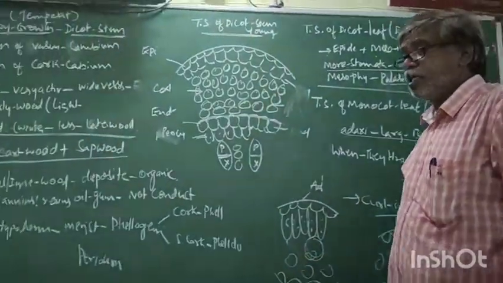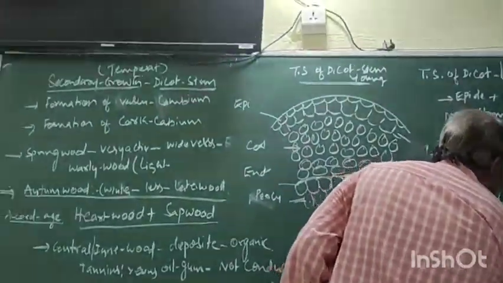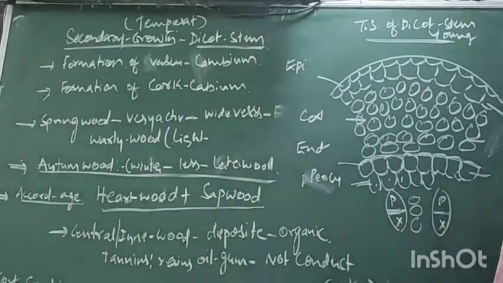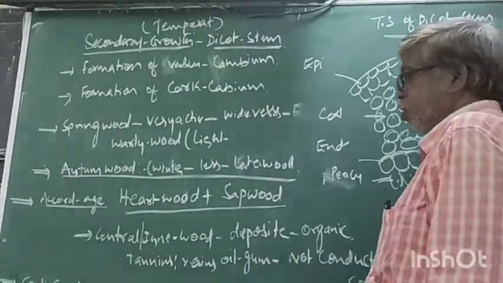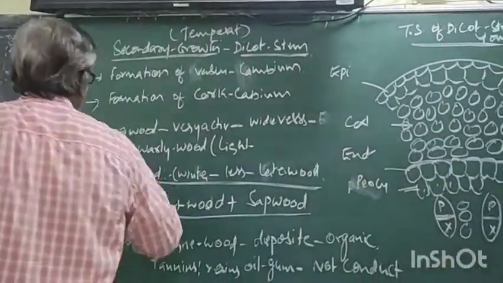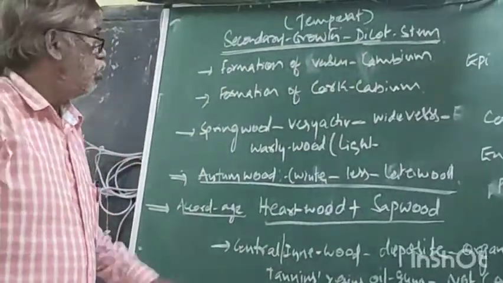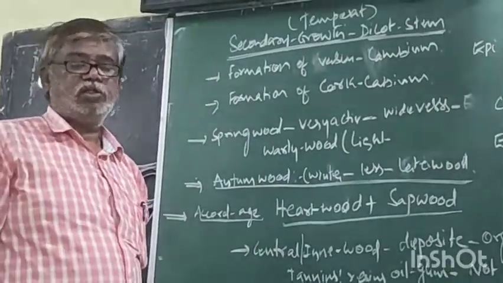Now, come to secondary growth. It is one of the important topics in the chapter. Secondary growth is only present in dicots.